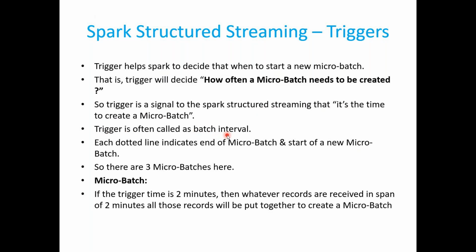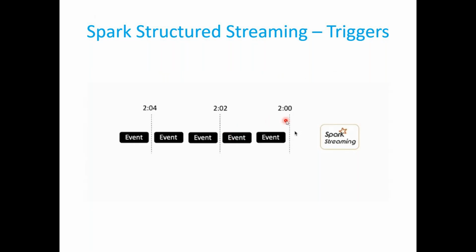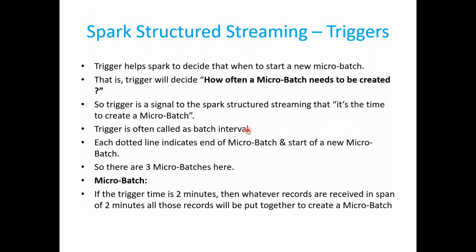Now in this diagram you can see that the batch interval is 2 minutes. You can see that the time gap is 2 minutes between each batch. So whatever data you have within this boundary is called a micro batch, right? Each dotted line indicates the end of a micro batch and the start of the next.